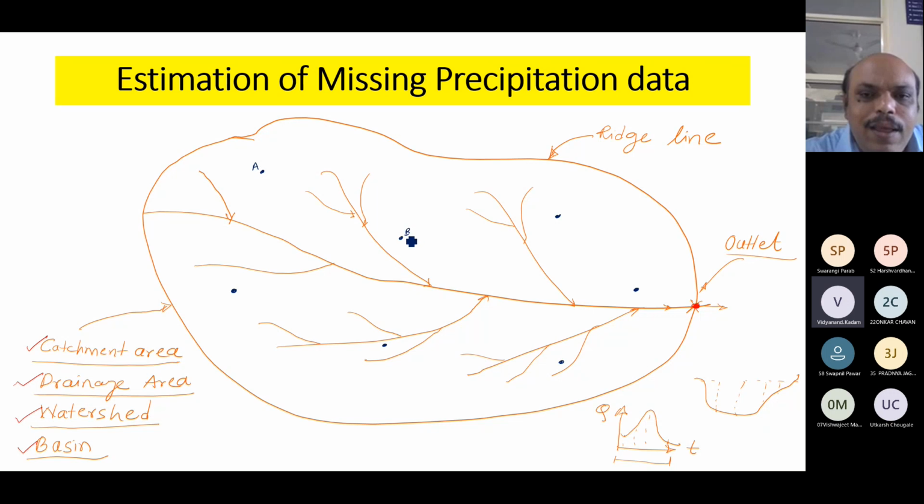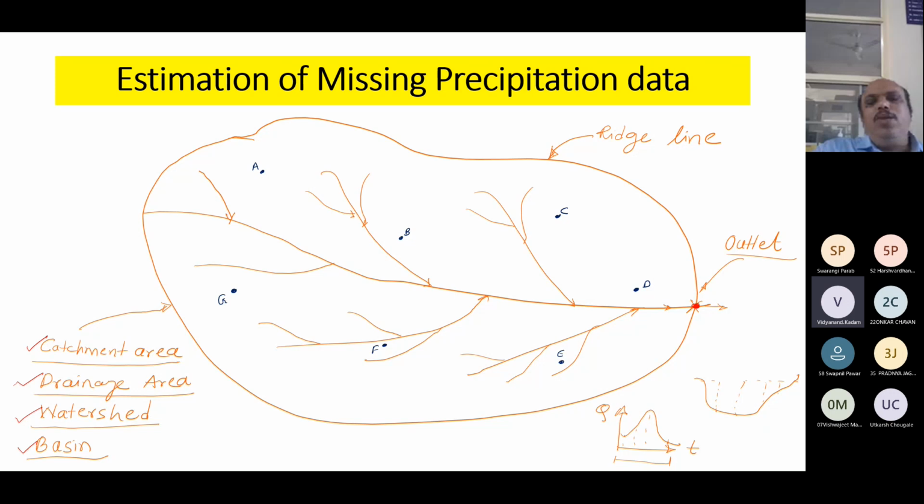Let us say A, B, C, D, E, F, G. The number of rain gauge stations depends on the area of the catchment.